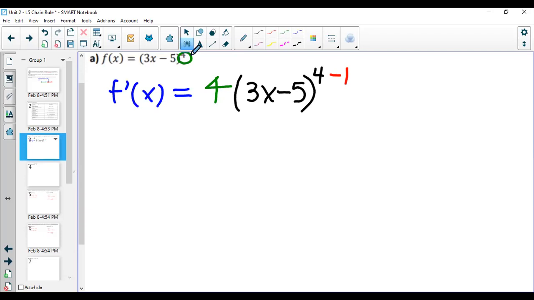But because my function inside the brackets is not a monomial, it's a binomial, that was taking the derivative of the outside function, as if this was x to the power of 4. But we also have an inside function here. So that's my inside function, 3x minus 5. So now I have to remember to multiply the entire function by the derivative of 3x minus 5. Well, the derivative of 3x minus 5 is just 3.